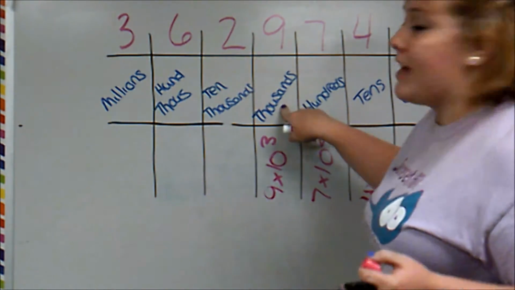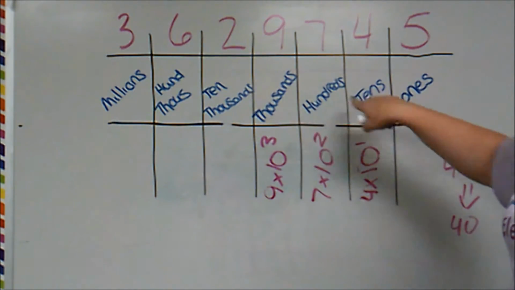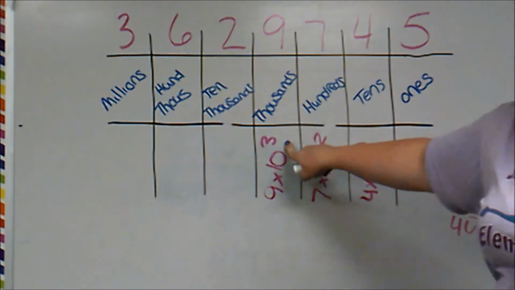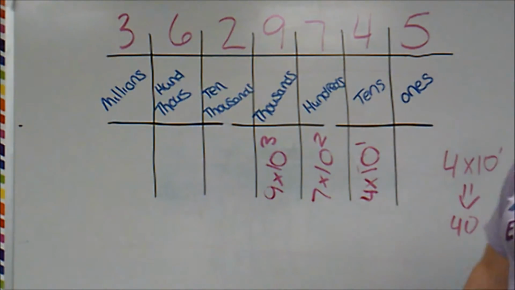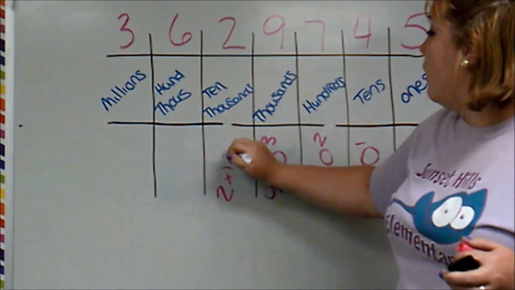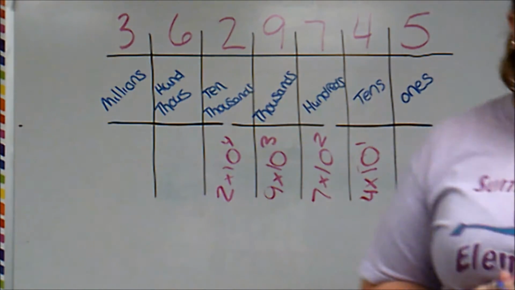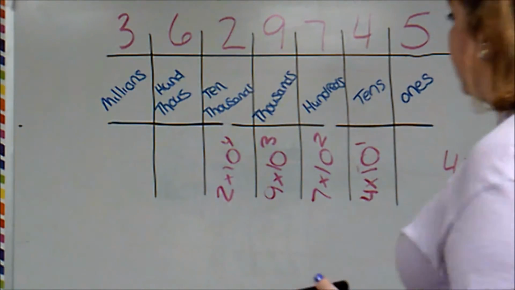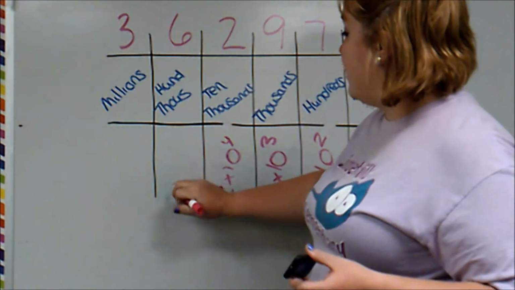Keeping that same pattern going, I'm going to be doing 9 times 10 to the third power, because behind the thousands place, I have 1, 2, 3 zeros, 3 place values behind it. My exponent is raised to the third power. My 2 is going to be raised to the fourth power, 2 times 10 to the fourth power. Keeping it going along, 6 is in the hundred thousands place.